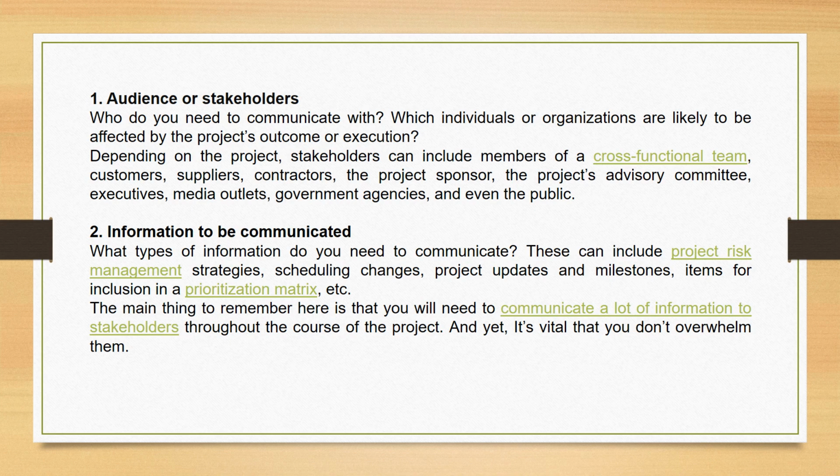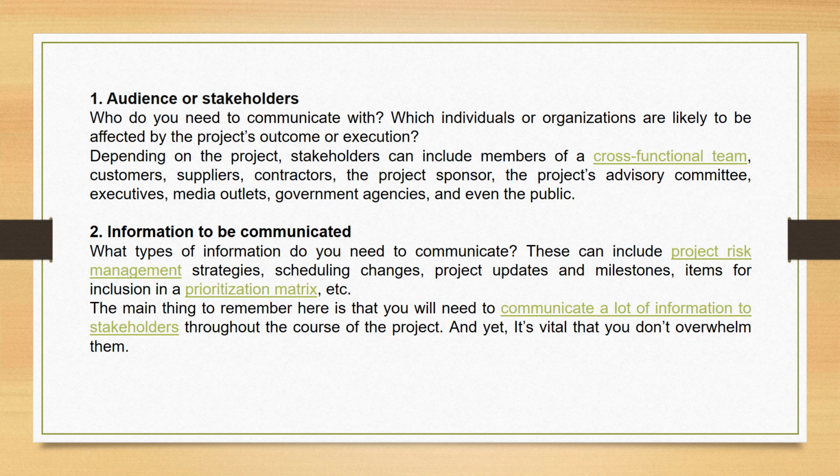Second is the information to be communicated. Take note of this: a communication is useless without the information. Okay? So take note that a communication will not be effective if there is no information.